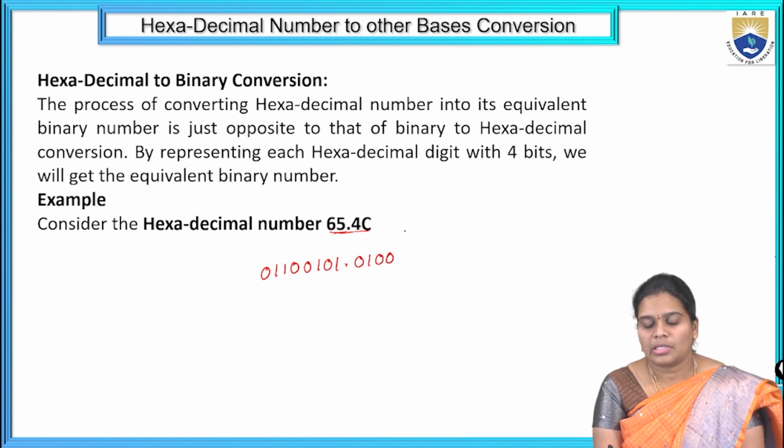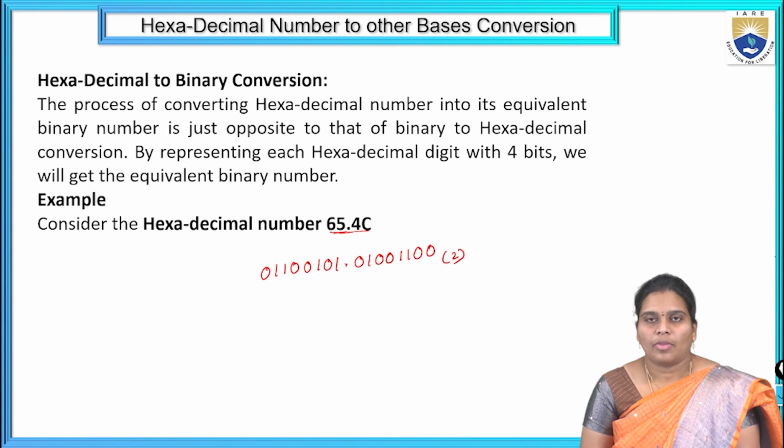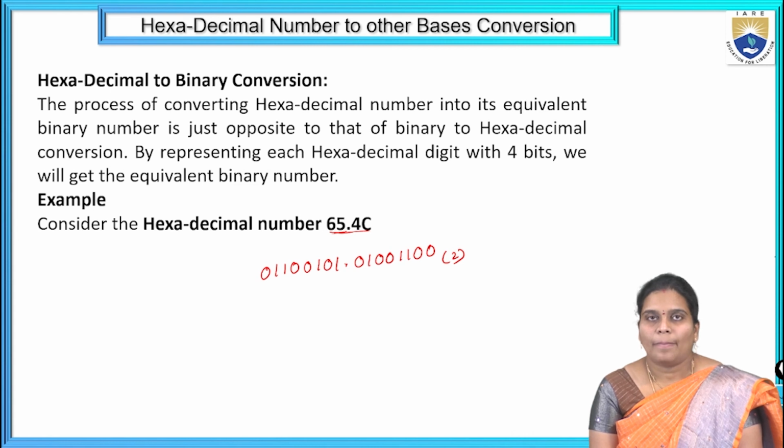For C, 1100. So this is the binary value. This is the conversion from hexadecimal to binary. The hexadecimal base value is 16, so we use 4 bits, and we write the binary values using 4 bits only.